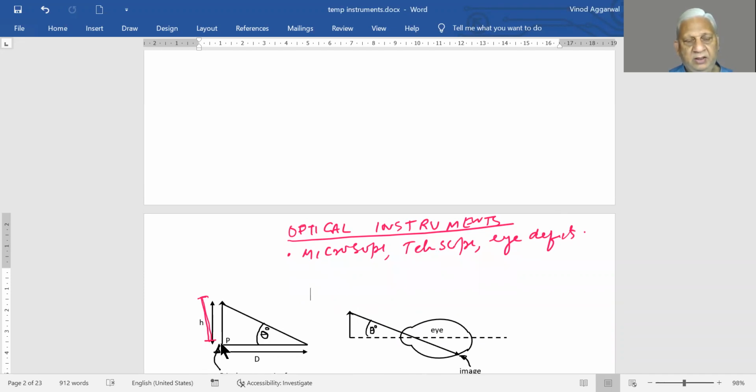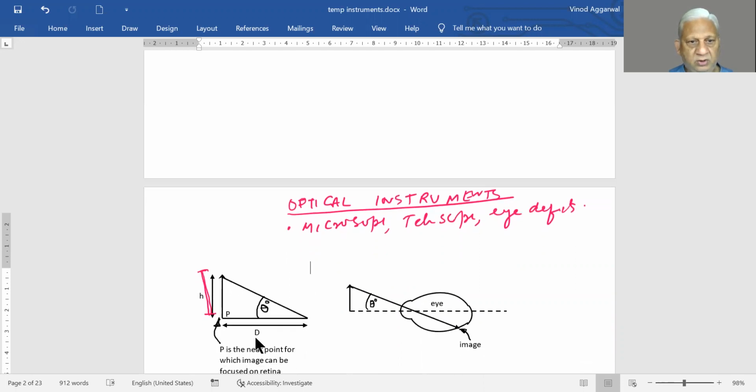Every eye cannot see an object closer than this distance, and this point is called the near point. If this point is brought any closer, then what will happen?